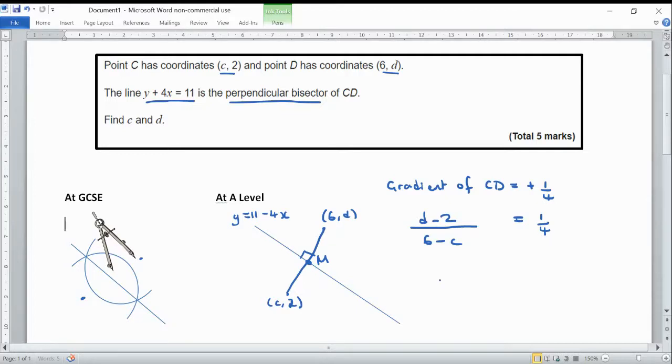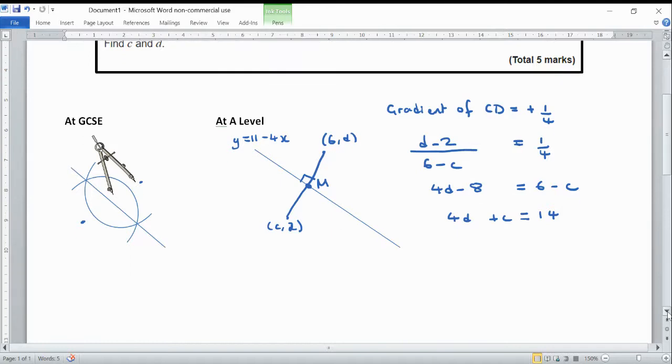We can multiply the 4 up. We can multiply the 6 take away c over. And we can simplify this equation to have 4d plus c equals 14. So that's an equation in C and D that we can solve by using the fact that these lines are at 90 degrees to each other.